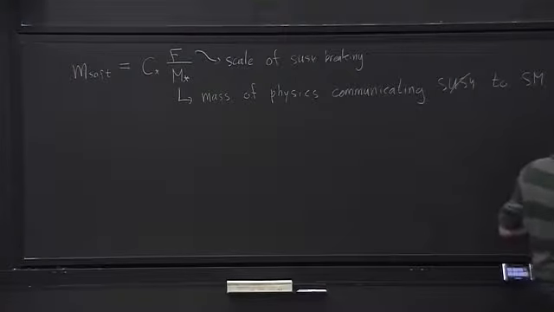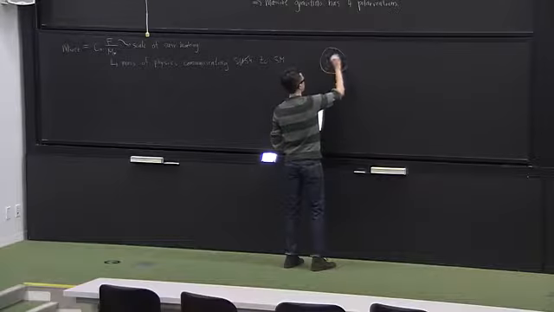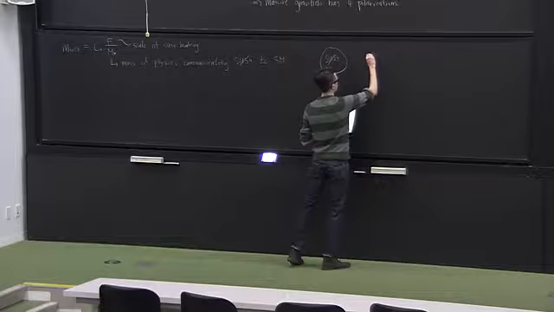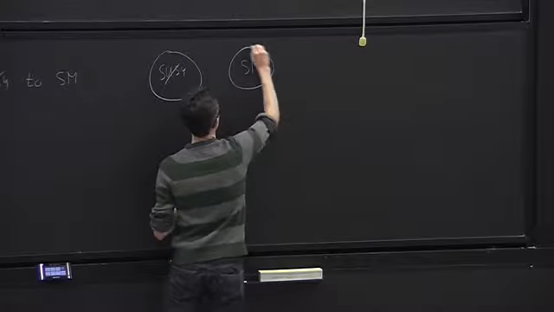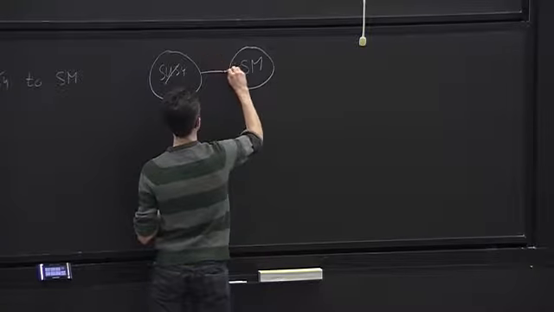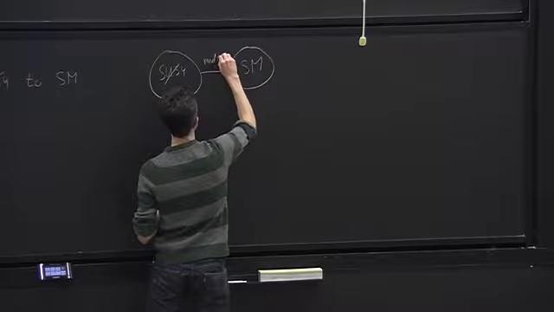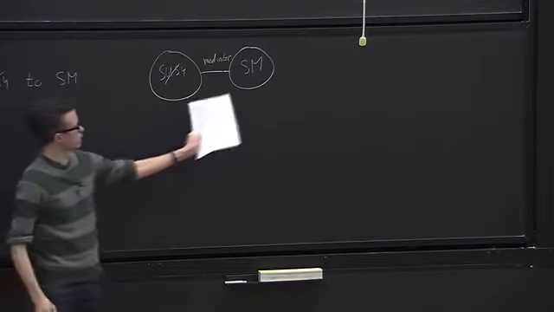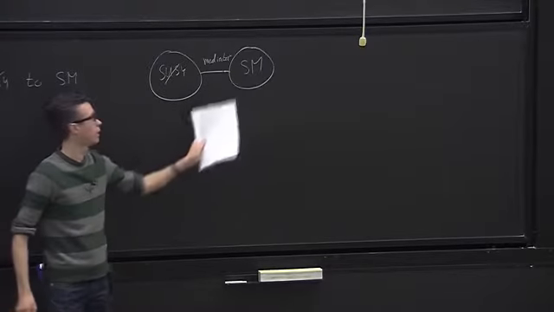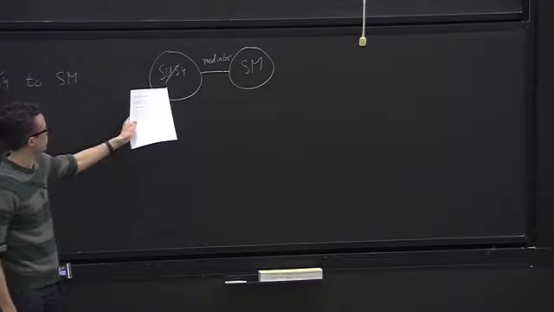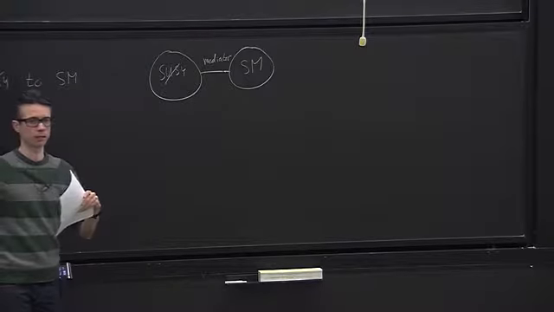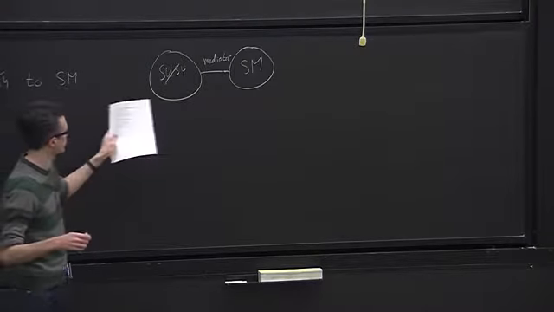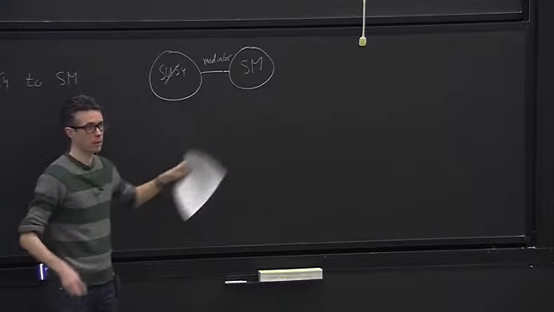So the big picture here is that it turns out that we typically break supersymmetry in some sector that's different from the standard model. So the picture to have is that we have the standard model plus all its superpartners over here. And we make sure that supersymmetry breaking is off hidden in some other sector. It turns out that really bad stuff happens if I try to break supersymmetry directly within the standard model.